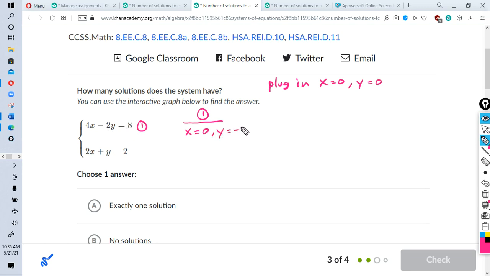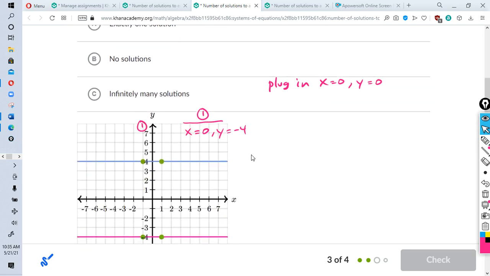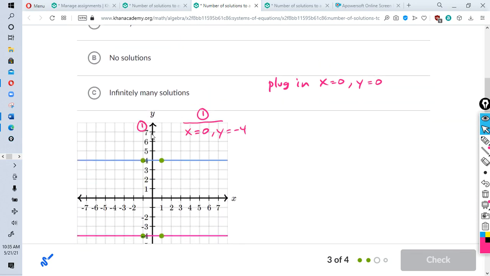So y equals negative 4 when you plug in x equals 0. So x equals 0, y equals negative 4.